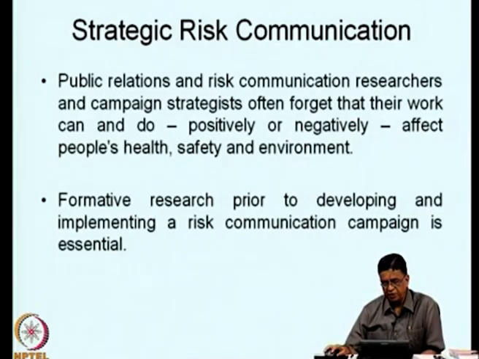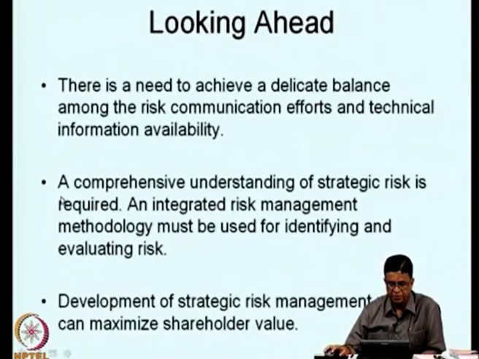And how the public relations and risk communication researchers, their role, how it can affect people's health, safety and environment, that is the strategic risk communication. So, how it becomes a vital tool in this whole process.